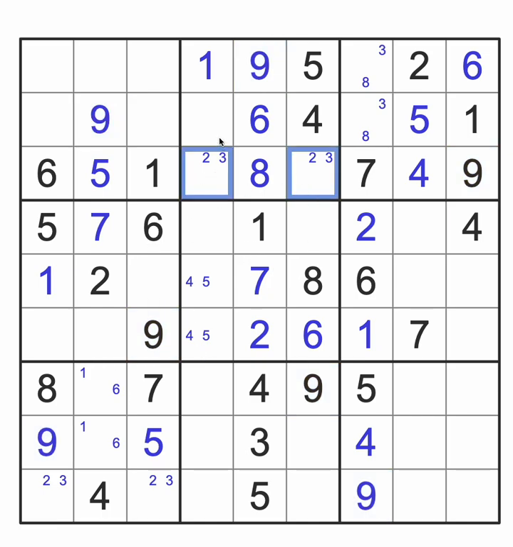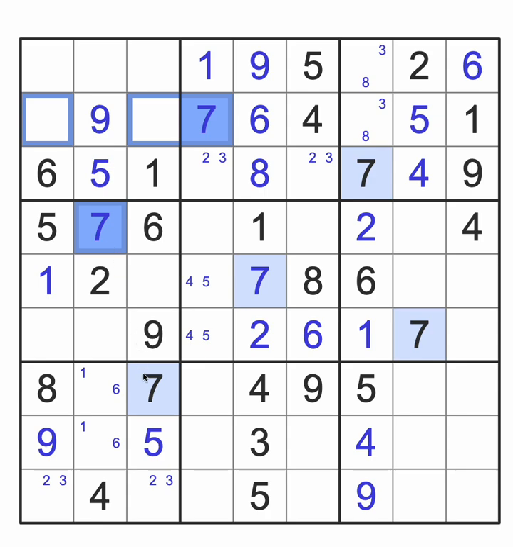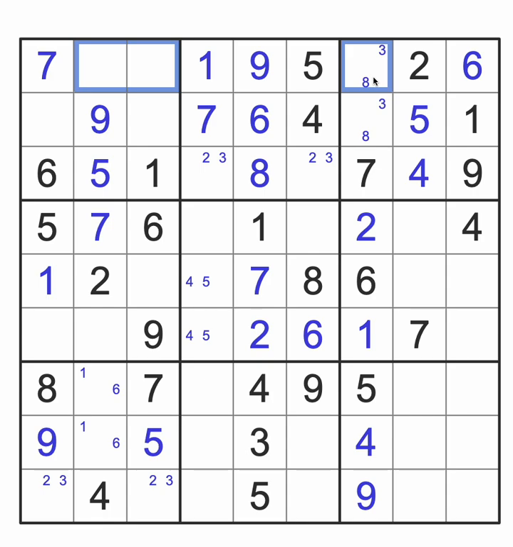Here's 2, 3 double. That means only 7 can be used here, which blocks these. 7 and the 7 block these. Gives me 7 here. And now this row is missing 3, 4, and 8. 4 blocks this cell. This 4 blocks this cell.